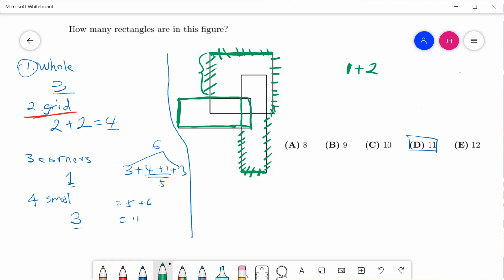Still 2. Beautiful. So let's remove the lines. We still have 2 for this line. So let's remove that. And for the same reason, since the left-hand side is open, let's remove these open line segments. Beautiful. Now you can see that our figure is much easier.